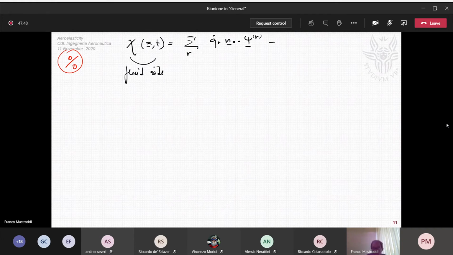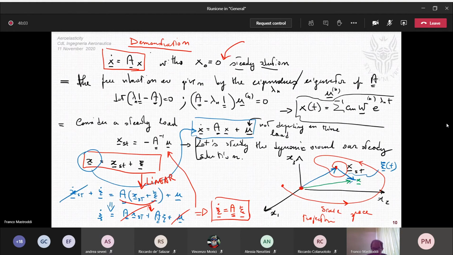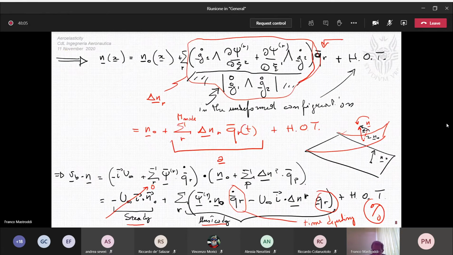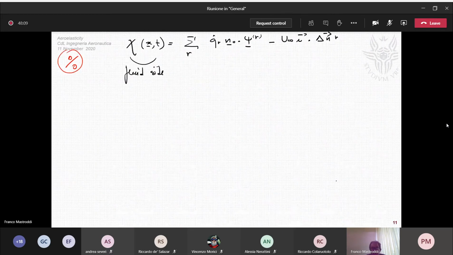minus u infinite I dot delta n r vector. I have just repeated this here for you, and now I forget this QR.